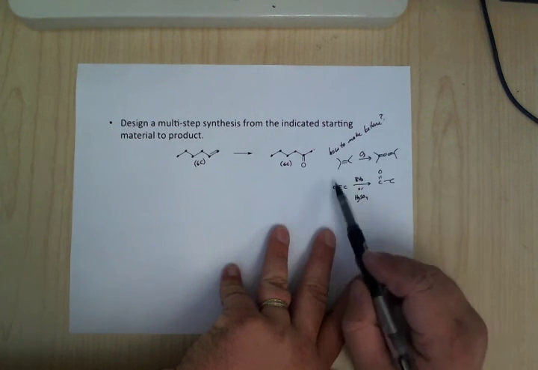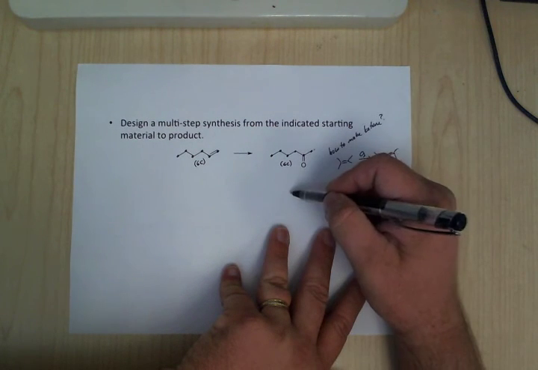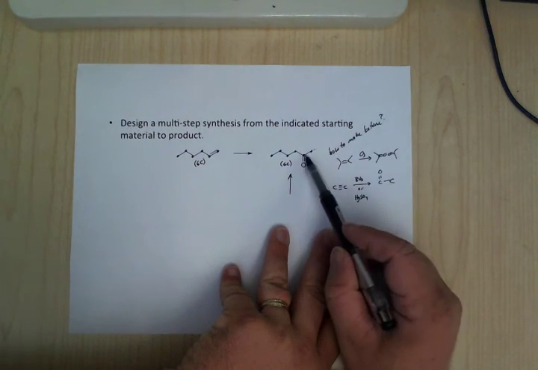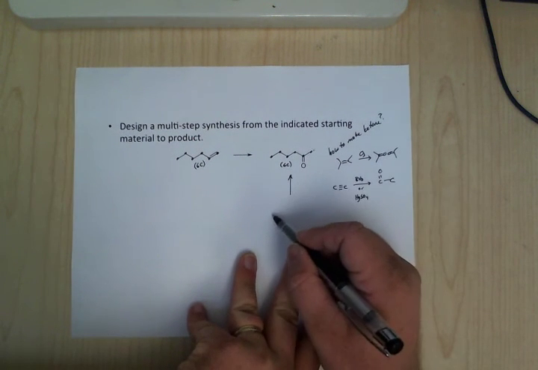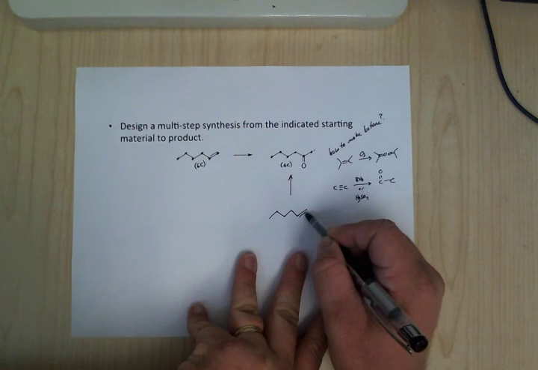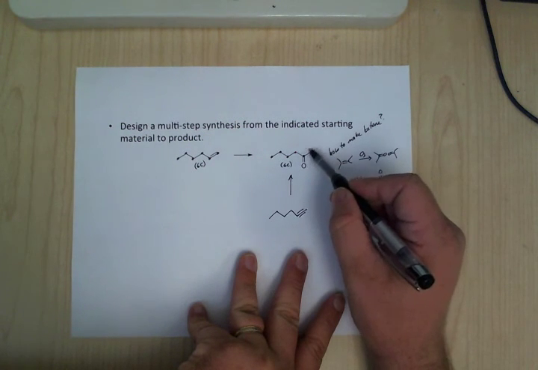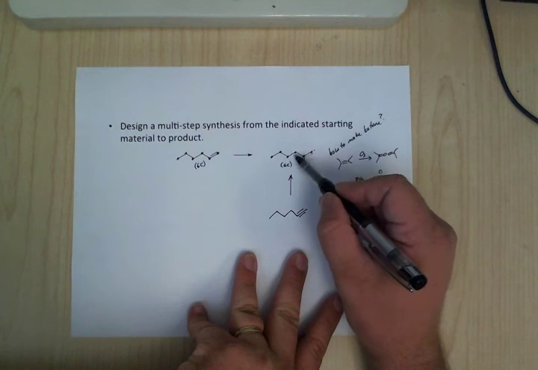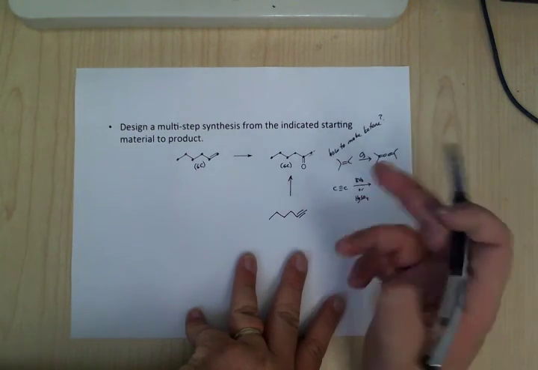So if we want to do this, what we would want to do is one of those. But if you did the molecule like this, if we put the triple bond there, they're both secondary, and you'll get a mixture of the two.